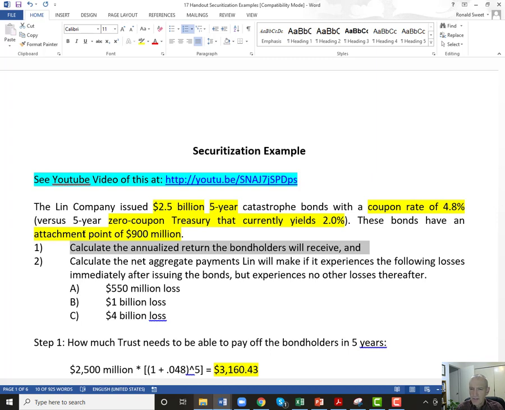It only has one customer, and that's Lin Company. So Lin Company is actually not going to issue cat bonds. If Lin Company is an insurance company like UTSA, what Lin Company is going to do is go to this SPE that they set up and buy reinsurance. It's this special purpose entity that's actually going to issue the catastrophe bonds.